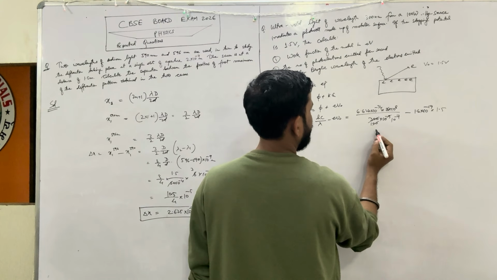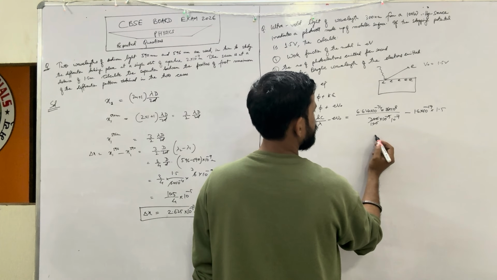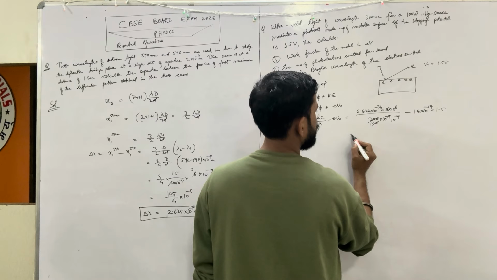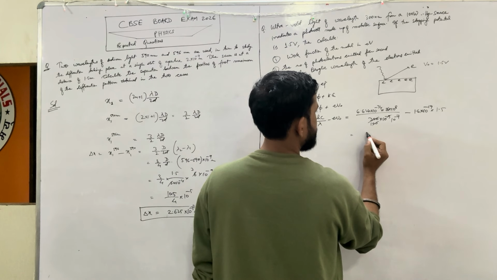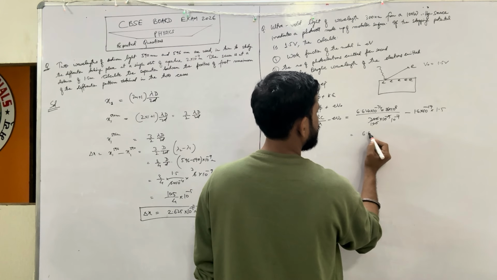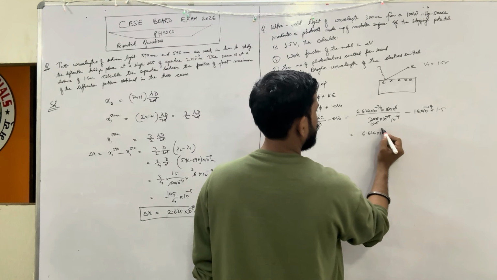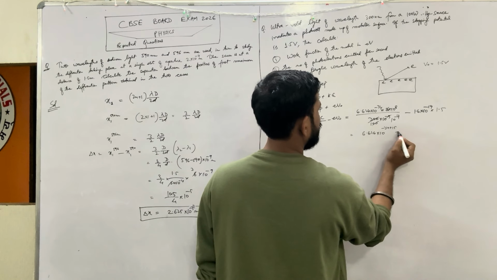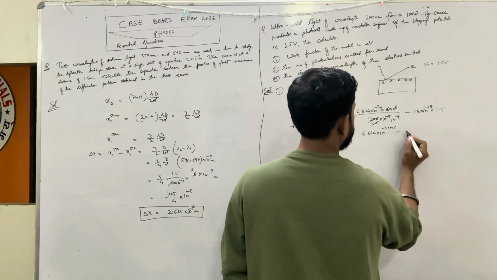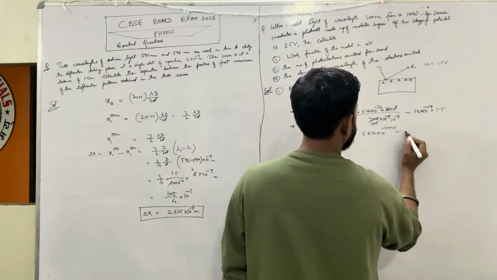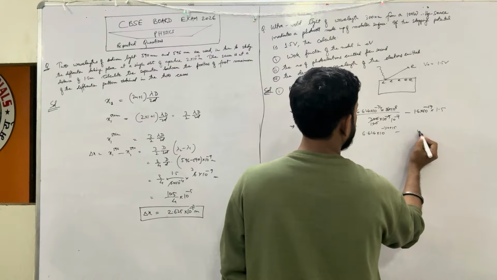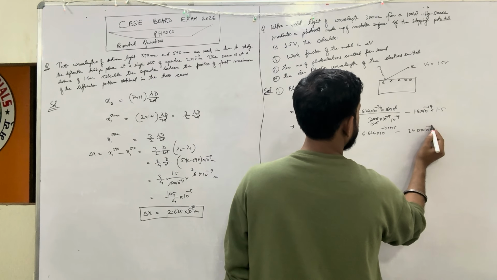So it comes out to be 6.626 into 10 power minus 19 minus 1.6 into 1.5, which will be 2.4, so it will be 2.4 into 10 power minus 19.